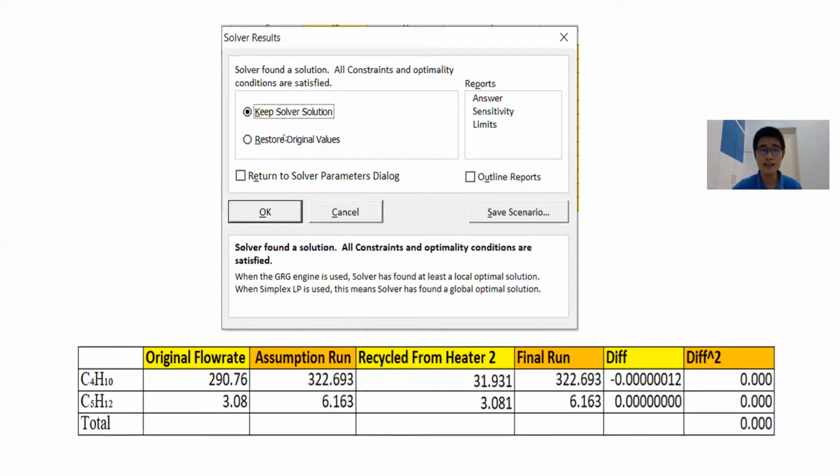That is the value that the solver wants us to get. So the values that we get are very constant, with a difference of 0 for many trials of loops. As you can see at the end results of the assumption run and the final run, we get the difference as 0, and the sum of the square of the difference is also 0. Which means we have gotten the results correctly.